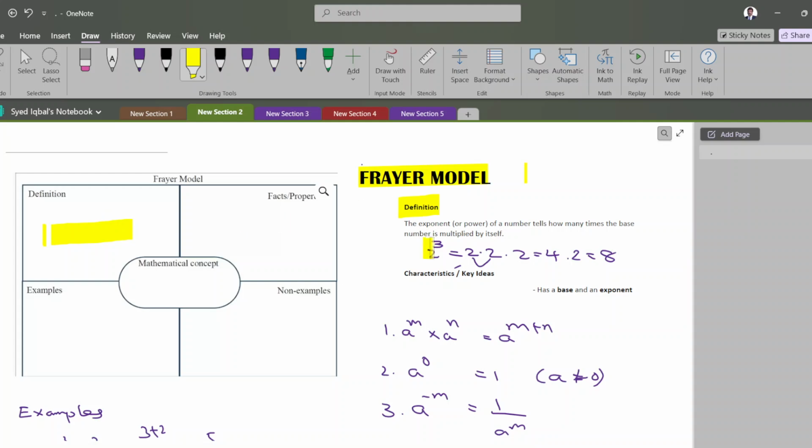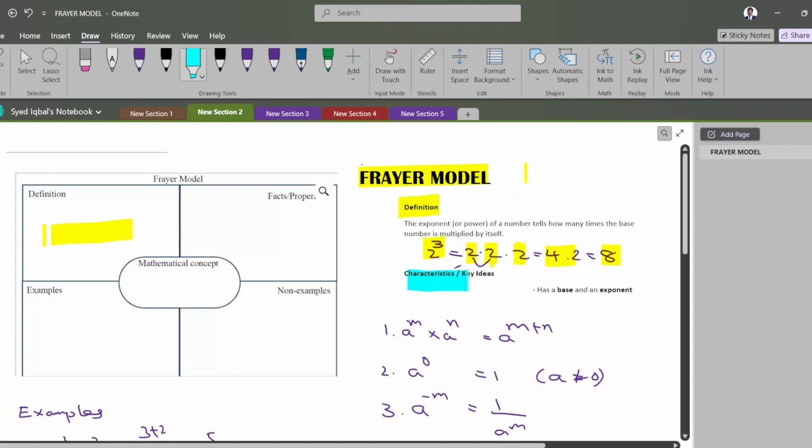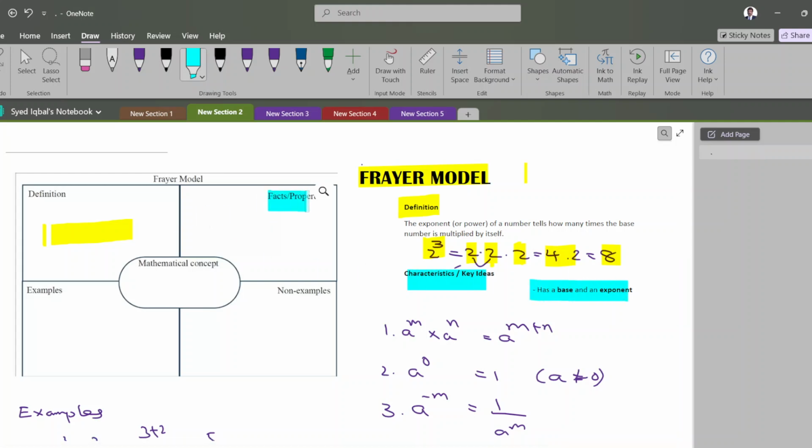For example, 2 to the power of 3 means 2 three times: 2 times 2 is 4, 4 times 2 is 8. So it is 8. That's number 1.